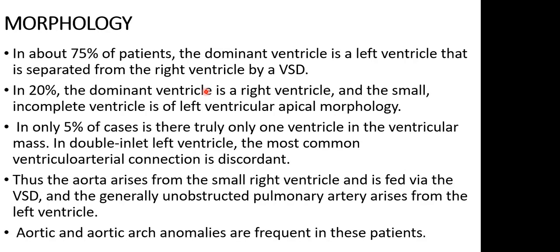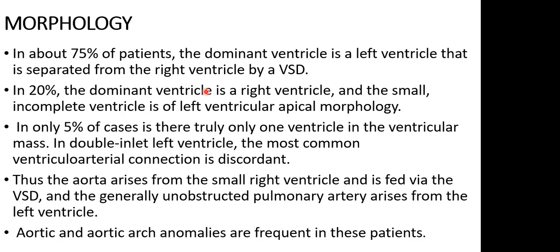In about 75% of patients, as I mentioned earlier on, the dormant ventricle is a left ventricle that is separated from the right ventricle by the VSD. So in 20%, the dormant ventricle is the right ventricle, and the small incomplete ventricle is of left ventricular apical morphology. So in only 5% of cases, it is truly only one ventricle in the ventricular mass.